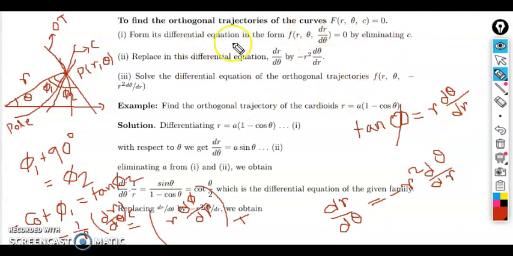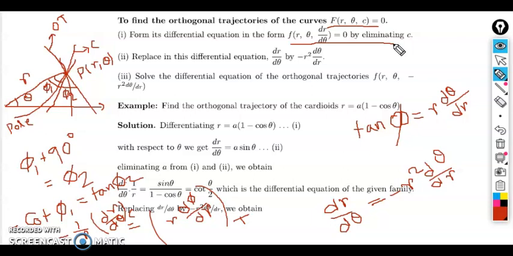So exactly for that reason, here we define the steps to find the orthogonal trajectory of the given family of curves. The first step is the given form of the curve. Next step is to eliminate c, that is the parameter. From the curve we get the differential equation of the given family of curves.